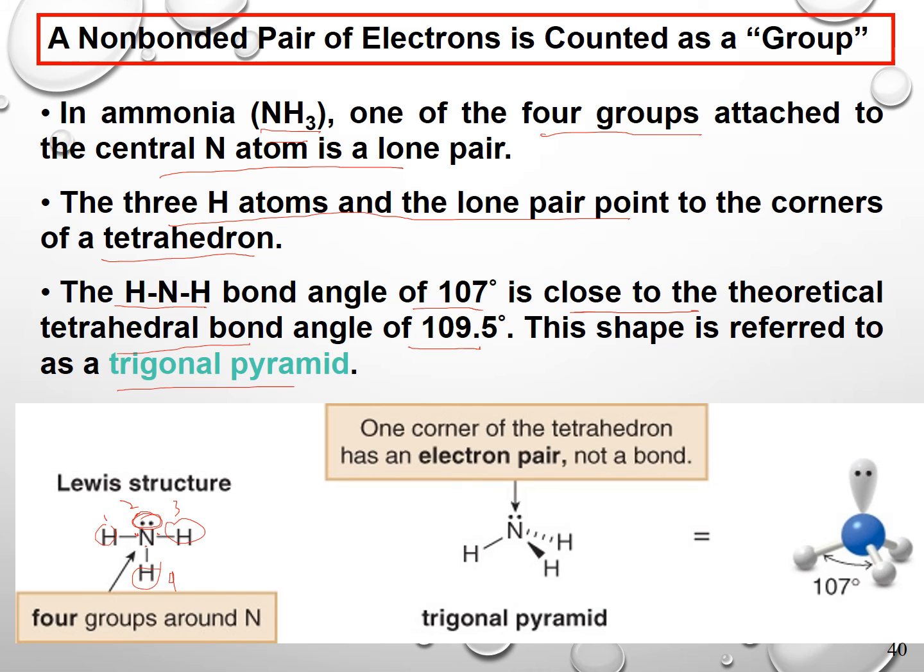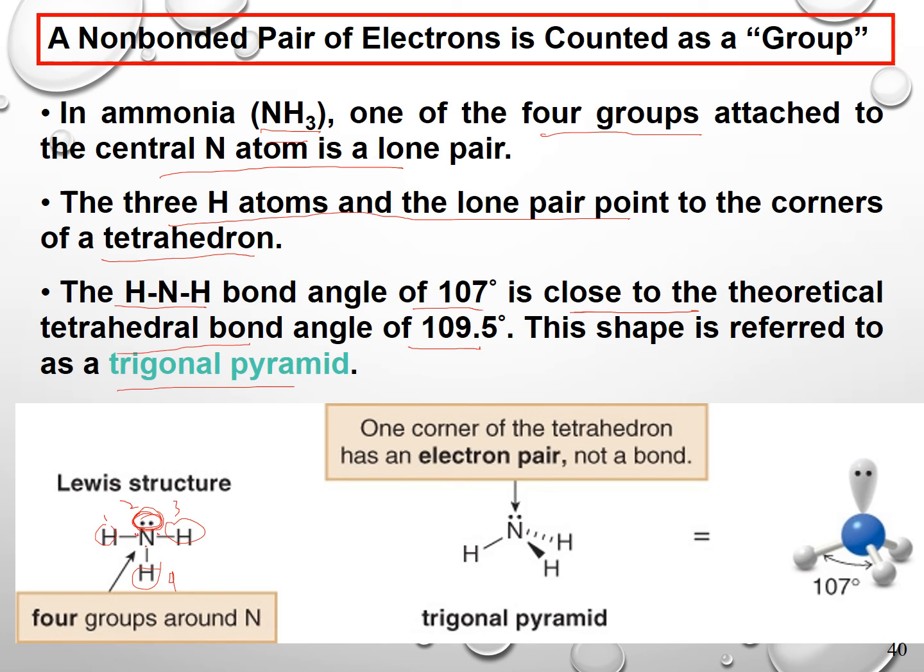Okay. So one corner of the tetrahedron has an electron pair, so not a bond. So ini adalah case yang special lah. So sepatutnya kita akan anggap dia sebagai tetrahedron kan, sebab dia ada 4 group. Tapi disebabkan satu group ni dia adalah lone pair.